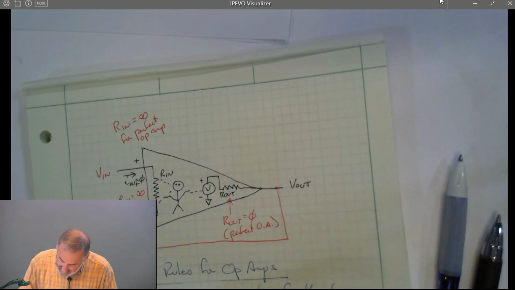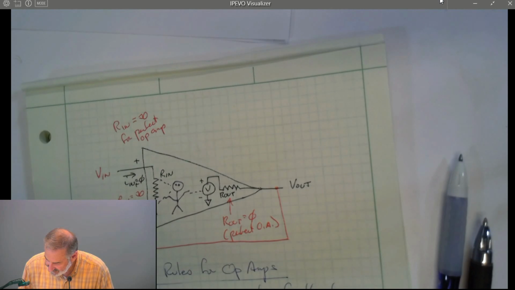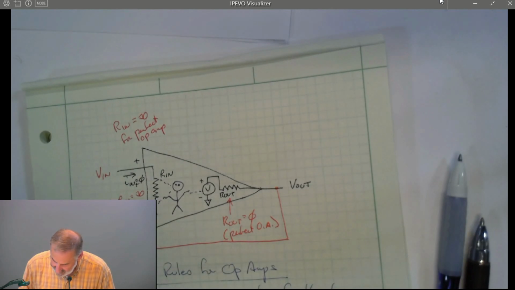So if that's true, the op amp will try to keep the negative input equal to the positive input.